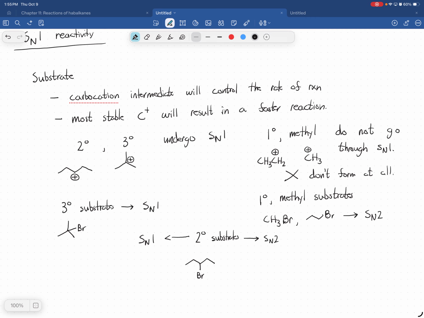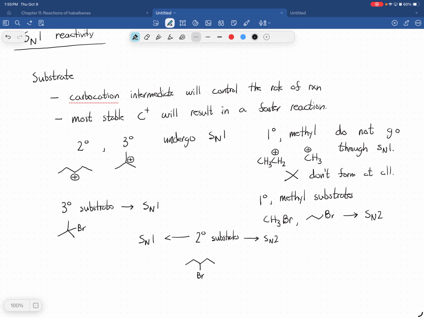So now we've classified our substrates. Primary, methyl, SN2. Tertiary is predominantly SN1. Secondary, can't tell. Are there any questions about the substrate? We'll go into more details in a little bit about how to predict which mechanism this reaction undergoes.